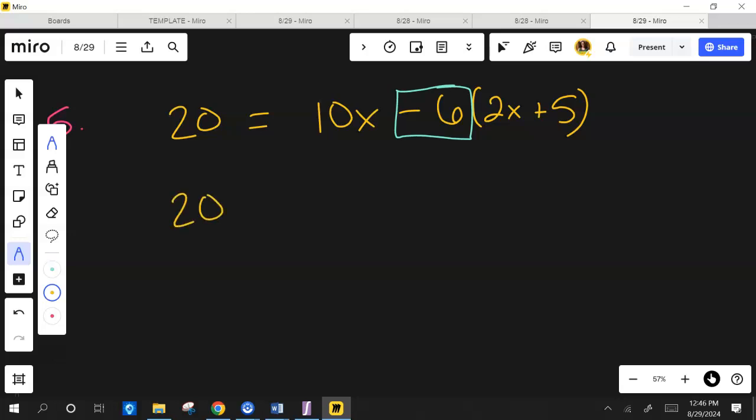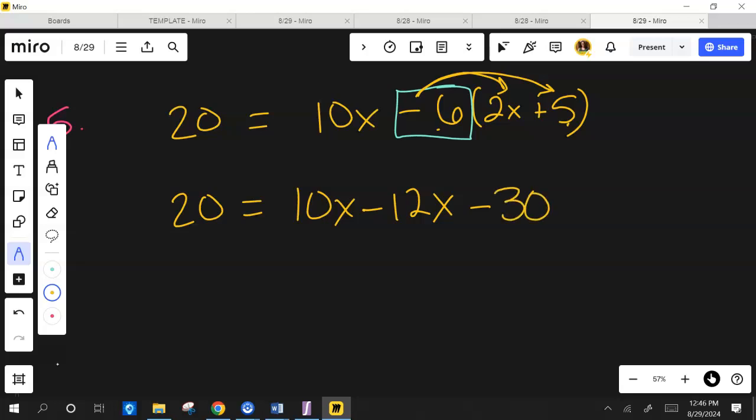So I've got 20 equals 10x. What do you get with the first one you distribute through? Negative 12x, right? Now multiply to the next one, and what do you get? What's negative 6 times 5? Negative 30. Everybody with me? Remember how we distributed before?